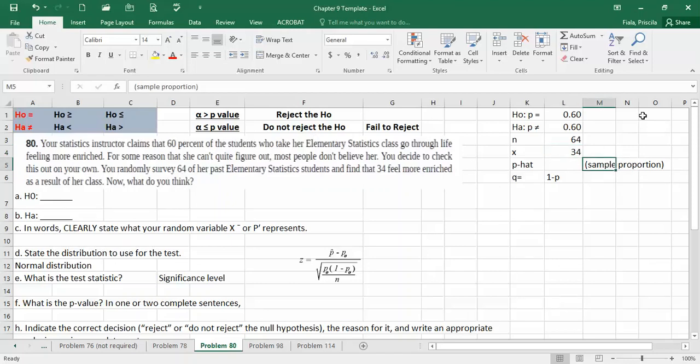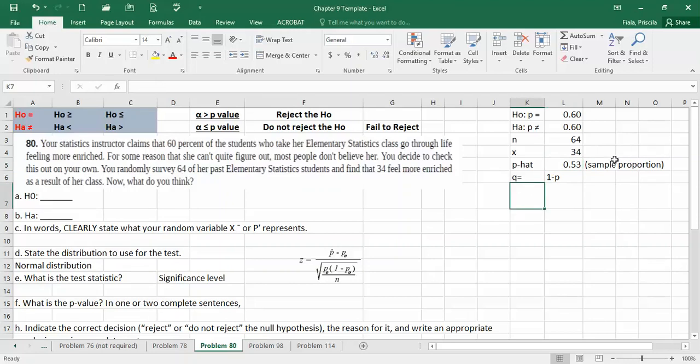We want to know the sample proportion of these values, which is also called your p hat. So you're going to do 34 divided by 64, and you learn that your sample proportion is 53%. 53% actually agree with the elementary statistics instructor. She says 60%. So now we're going to see, is any of this true?